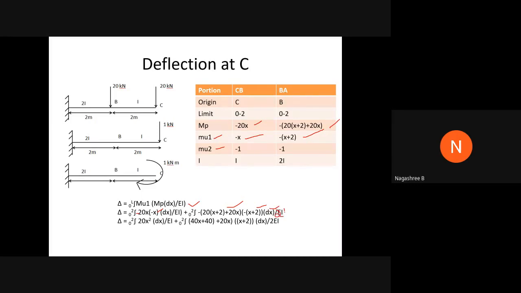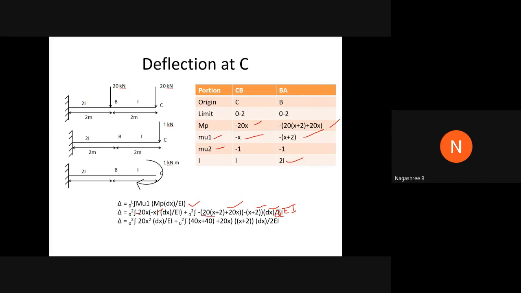This should be 2EI because the value of I is equal to 2I. You please simplify all the things. So you will get the value as 20x square dx divided by EI plus the integration with limits 0 to 2.